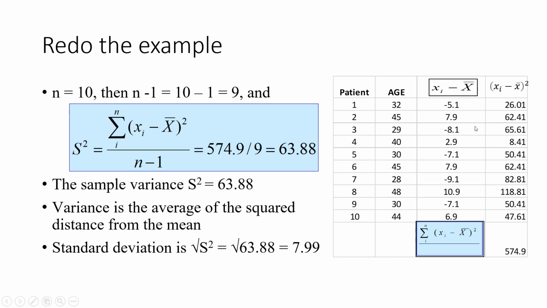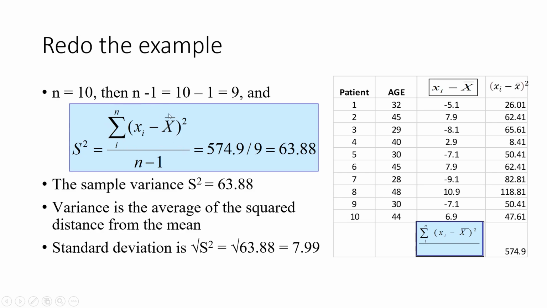And so what we did is we found the square of each of these differences. So we took minus 5.1 squared. That's 26.01. And we did this again for all of these 10 participants. And here are the differences squared. Okay? And then we added all of these up to get 574.9.